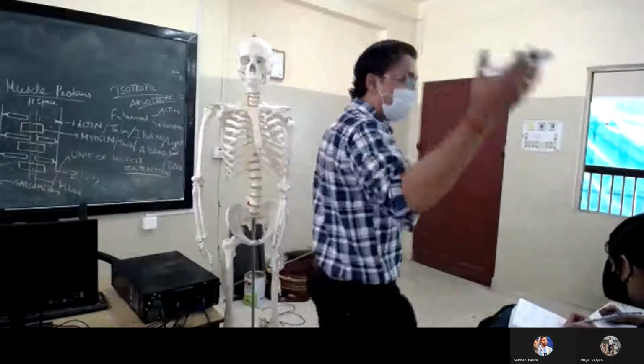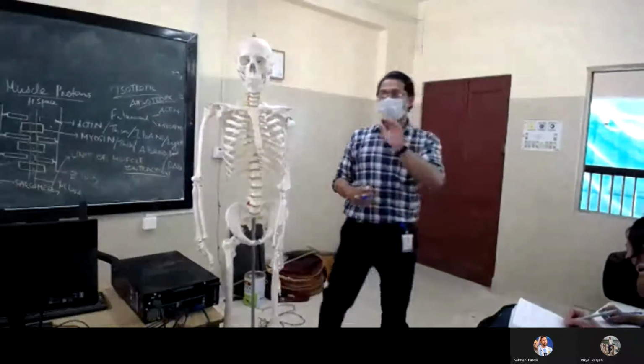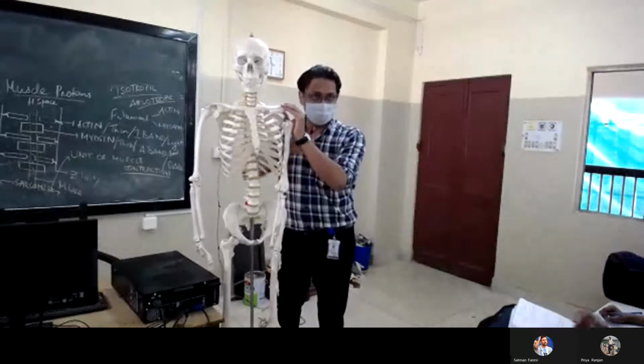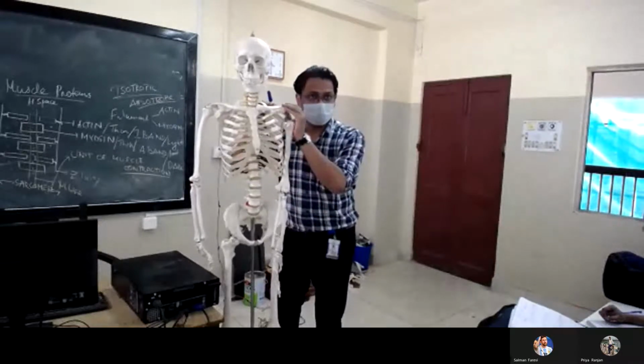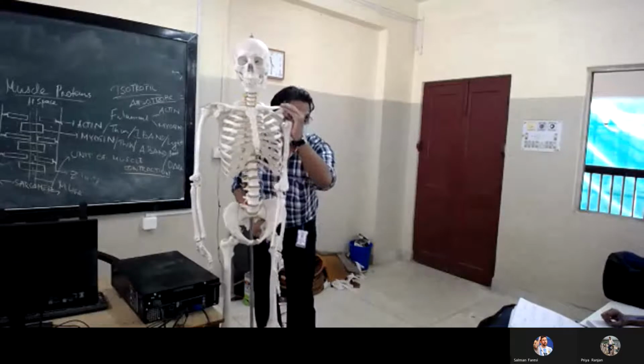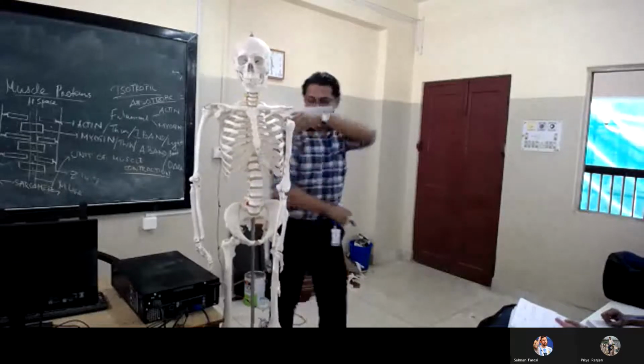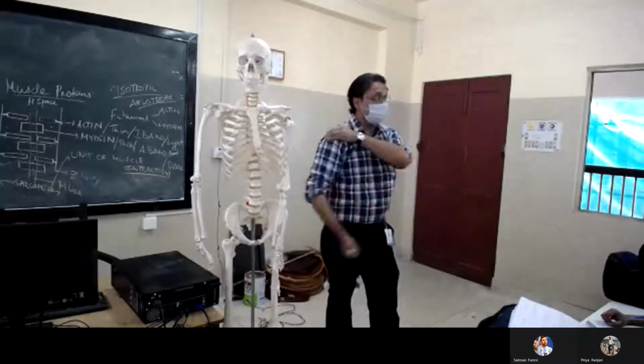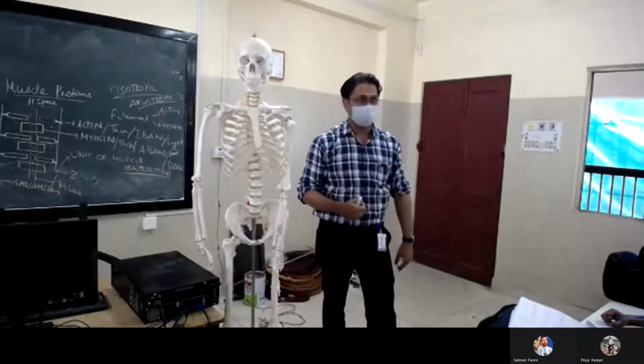Now to understand this, you should know how the muscle is. If I keep my hand like this, it is a fan shaped muscle having its fibers, and the muscle is like this. The way I have kept my hand, we often do this kind of exercise, that is we are strengthening the deltoid muscle.